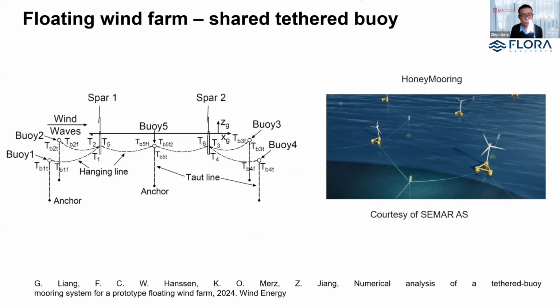My PhD student and I looked at, again, a prototype floating wind farm with only two wind turbines and one shared buoy. It was found that the system has greatly increased compliance with a huge reduction in the extreme mooring tension, which could be advantageous to a certain point. But on the other hand, the power cables become a challenge.